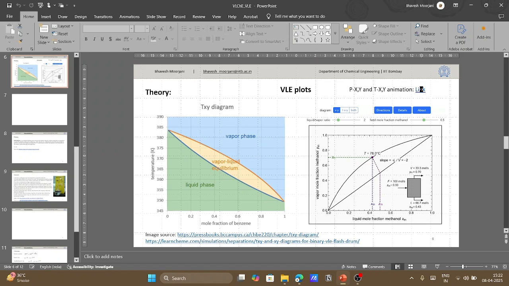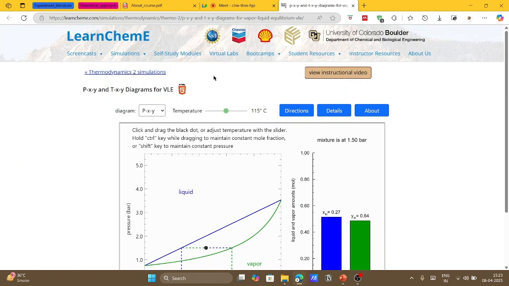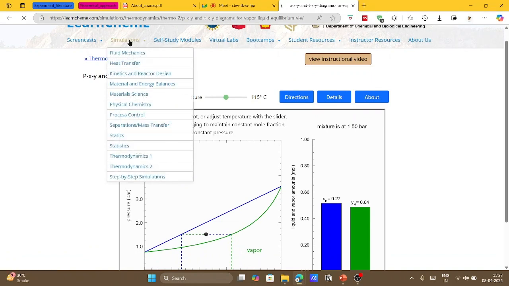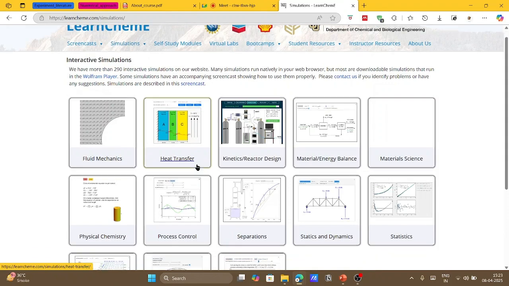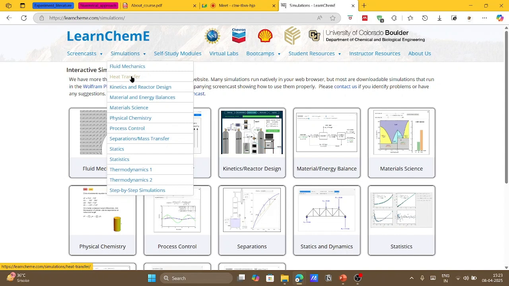If you go into this link, this is a simulator by the Learn Chemi Group. It's an initiative by University of Colorado Boulder along with some chemical industries. Here you will find different simulators for different concepts in chemical engineering and other engineering applications, right?